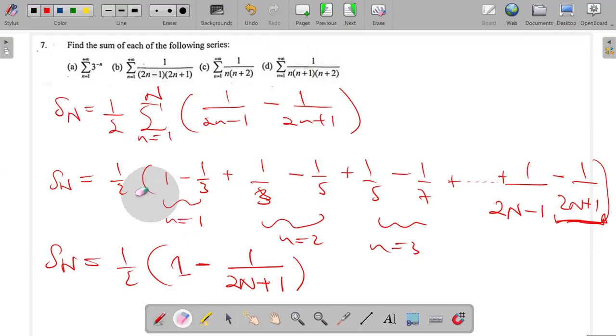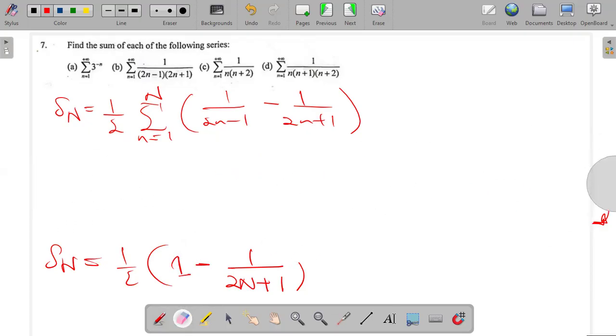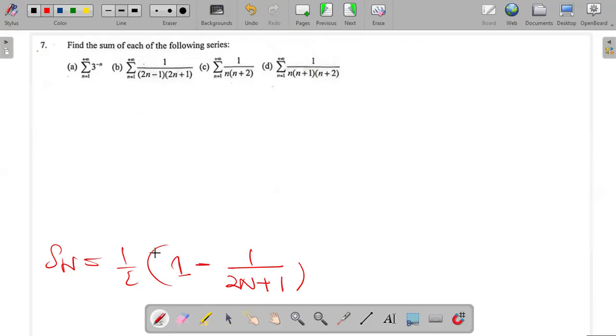Now, here we can just say that if we take n to approach infinity, in short, we're taking the limit, this is just going to be S. So S, the sum, in short, is going to be half times 1, then n going to infinity, you get 1 over infinity, which is just going to be 0.